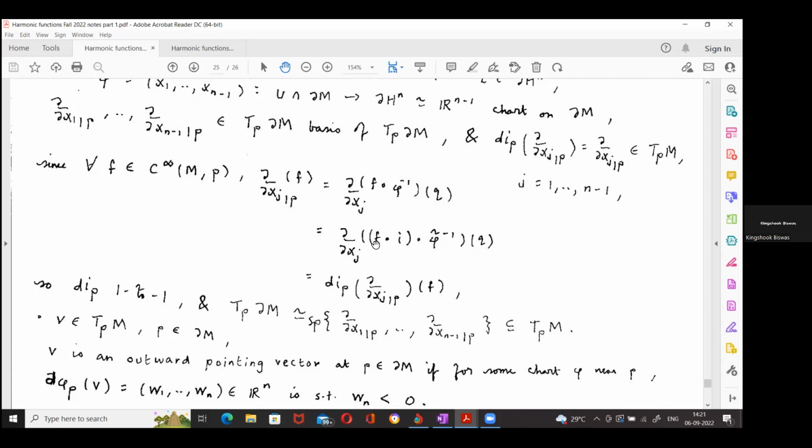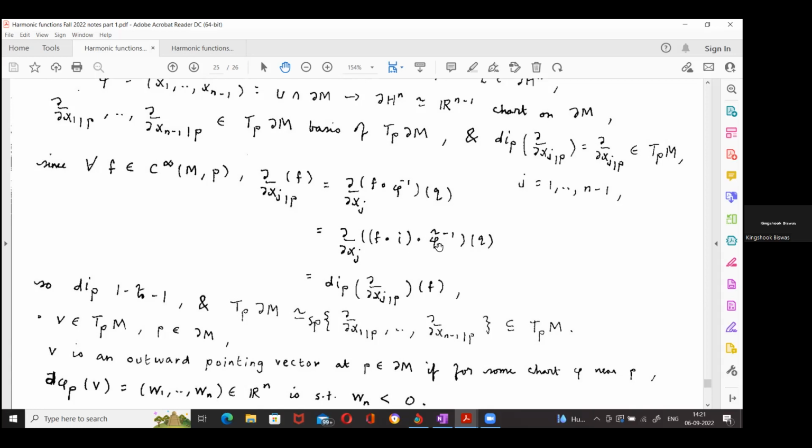So to restrict it to boundary Hn, what I have to do is look at F composed with the inclusion I. So that restricts F to boundary M, and then compose with the inverse of the chart of boundary M, phi tilde inverse.